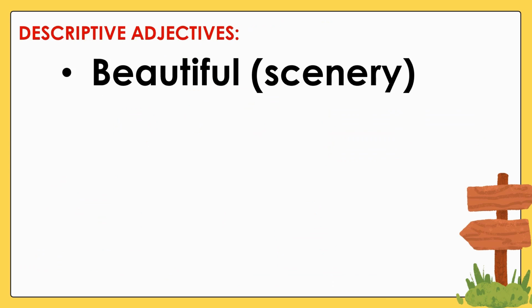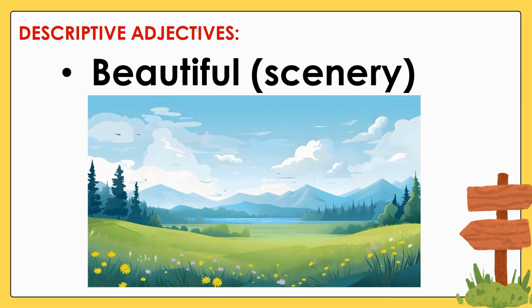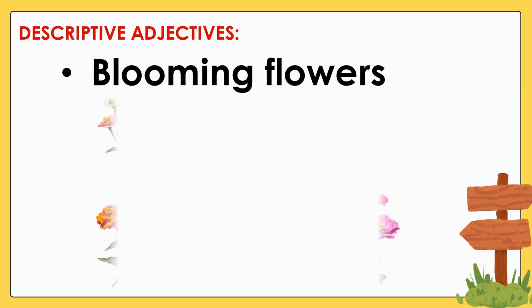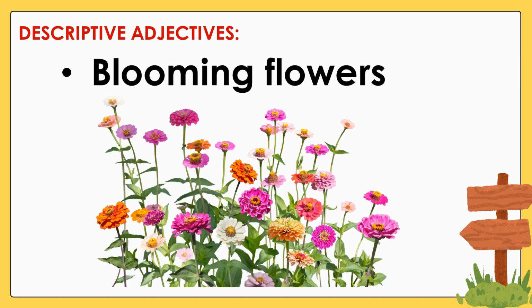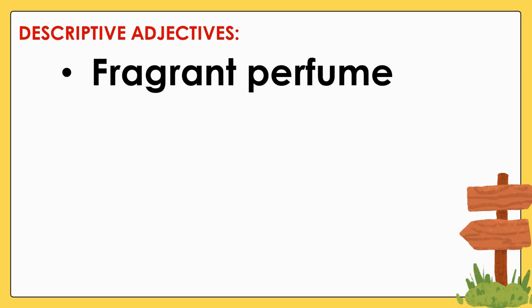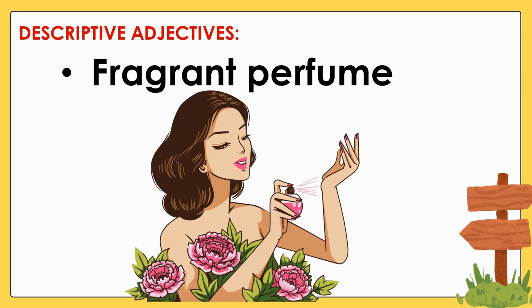Let's have more examples of descriptive adjectives. First, we have beautiful scenery. Beautiful is the adjective, scenery is the noun. Number 2, blooming flowers. Blooming is the adjective, flowers is the noun. Fragrant perfume.